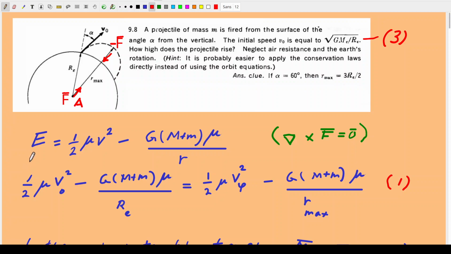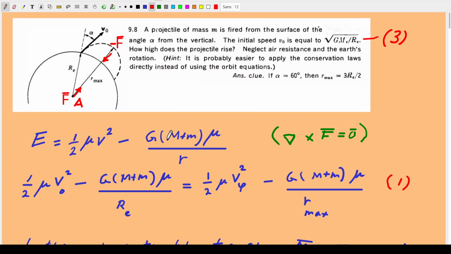And here, instead of treating this problem as two particles, one body with mass capital M and the projectile with mass m, we immediately replace that problem with a one-particle problem. Then we are going to deal with the reduced mass and its particular speed.